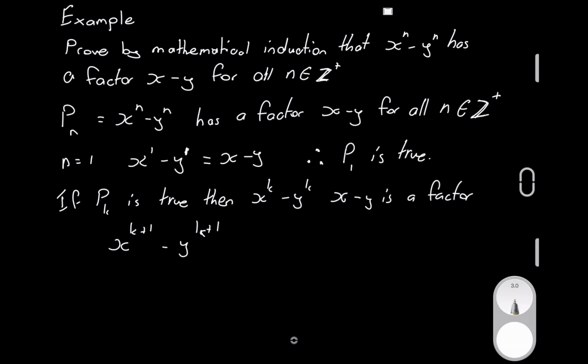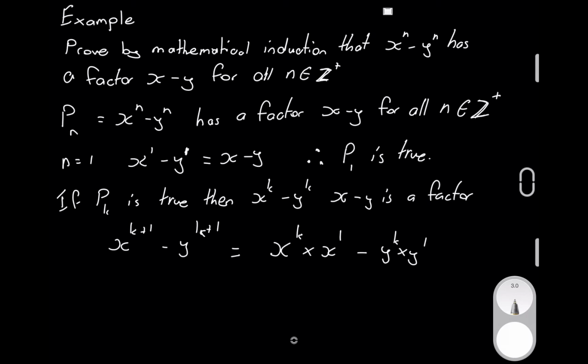We could rewrite this as being equal to, and remember we're going to use index laws here, x to the power of k times x to the power of 1 take y to the power of k times y to the power of 1. Now, let's look at this and see if we can take out some common factors here or work out exactly what's going on.